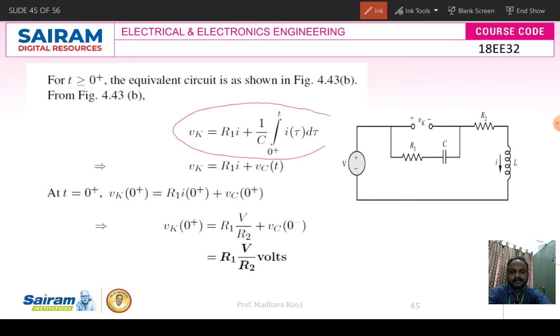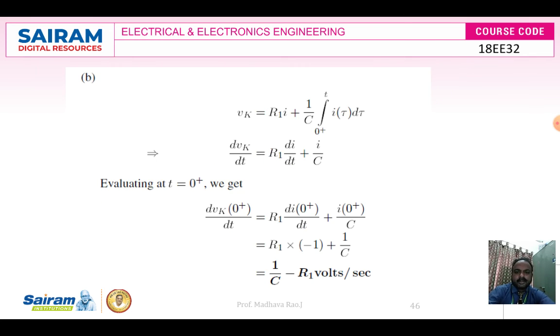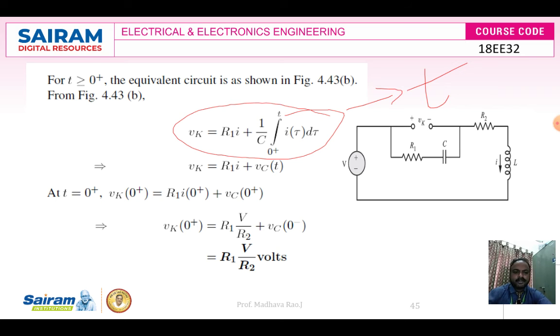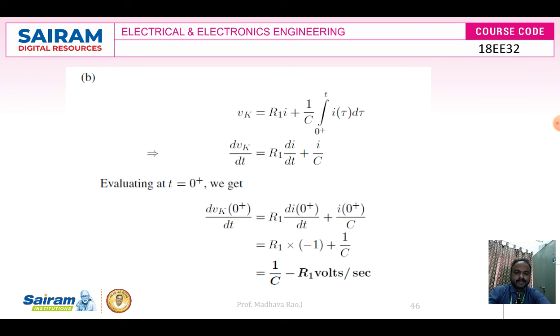If you differentiate the expression with respect to t, we get dVc by dt equal to R into di of 0 plus by dt plus i of 0 plus by C. Here di of 0 plus by dt is equal to minus 1, which is already given in the problem itself, so we can substitute minus 1 directly. Finally, dVc by dt is equal to 1 by C minus R1 volts per second.